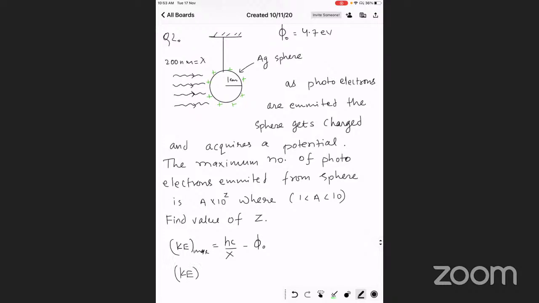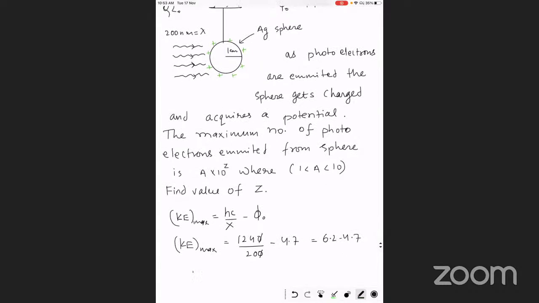So you will get the maximum kinetic energy of the fastest moving electron as 1240 divided by 200 minus work function, that is 4.7. So you'll get 6.2 minus 4.7. We got 1.5 volt.